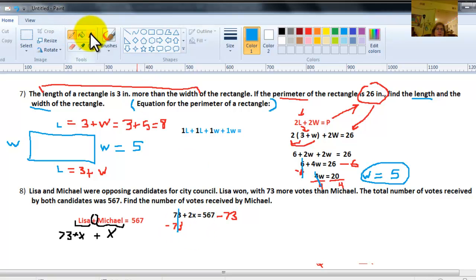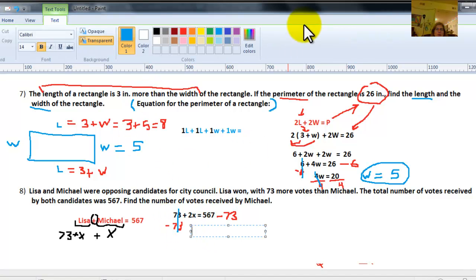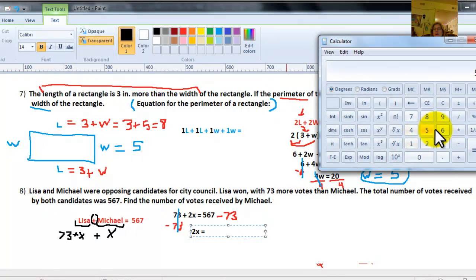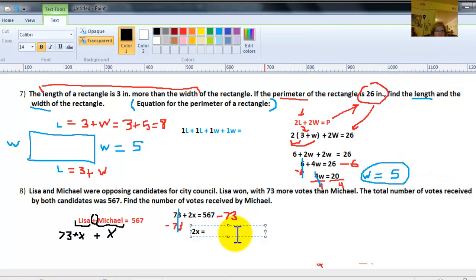So then we have 2x. 2x now equals 567 minus 73. So let's do that. 567 minus 73 is 494. So that would be 494.